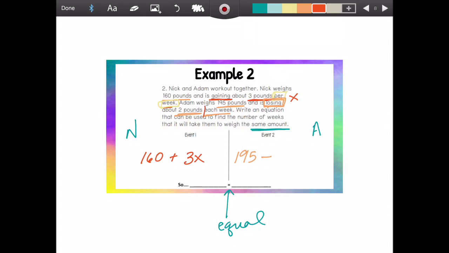So this each week, again, it doesn't tell us how many weeks. It just says each week. So that's our variable. And our coefficient is going to be this 2 pounds. So 2x. Okay, so when we put that together, when we set them equal, we should have 160 plus 3x is the same as 195 minus 2x.